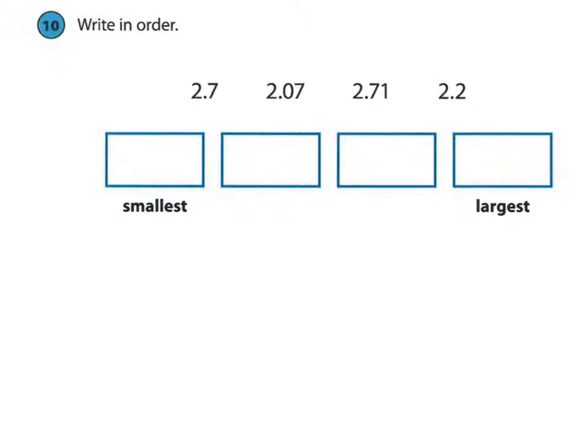What I'm going to do, I'm going to convert the one place decimals so they all look the same. If I do that above, we have 2.70, that one stays the same, 2.07, 2.71 and 2.20.